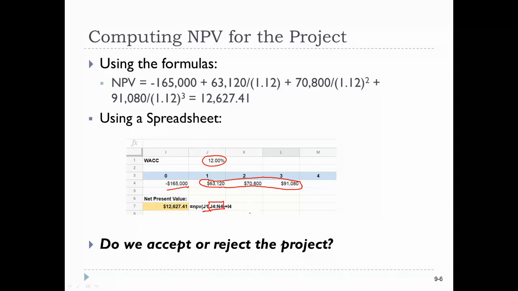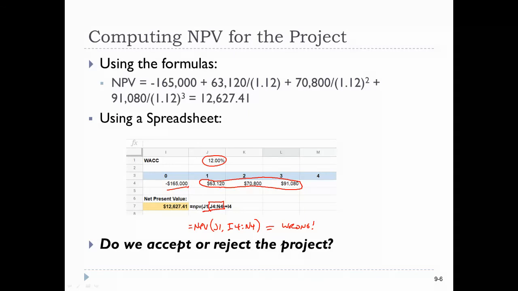If you had just said, for example, equals NPV with J1 and then I4 through N4, for example, you'd get a wrong answer. Slightly off, because you'd be including this initial cost in cell I4, which happens today, not 1 year from now. You would get a number that was lower than what the true answer to the question is. So be careful with that when you use the NPV formula in a worksheet.